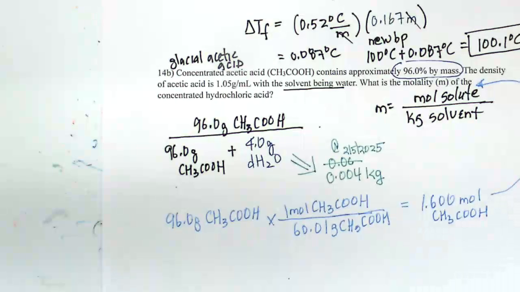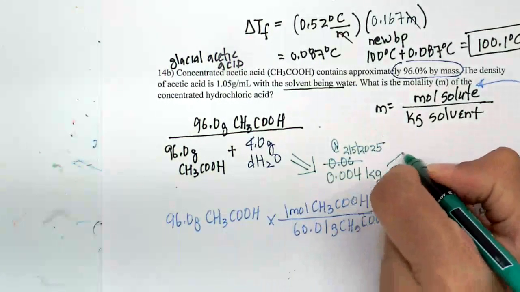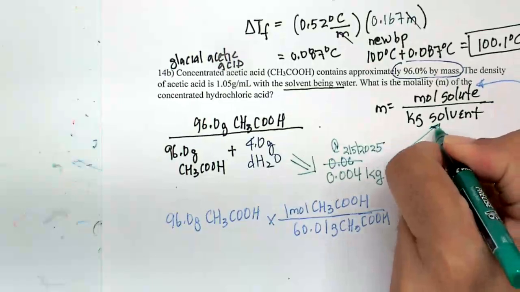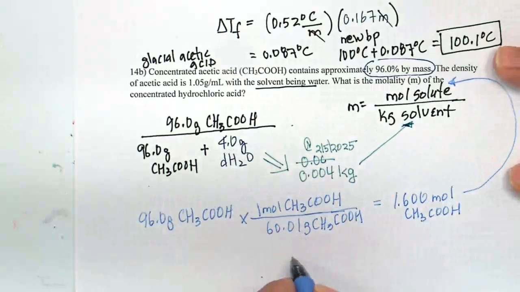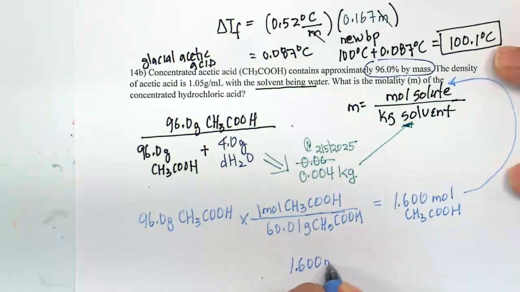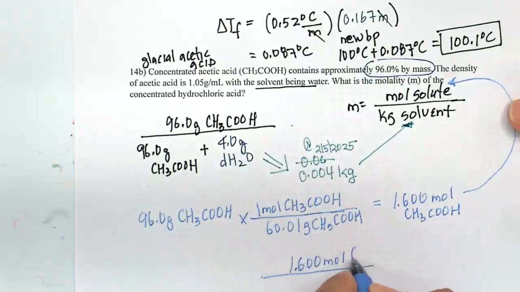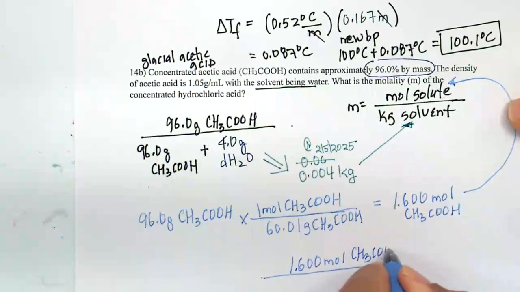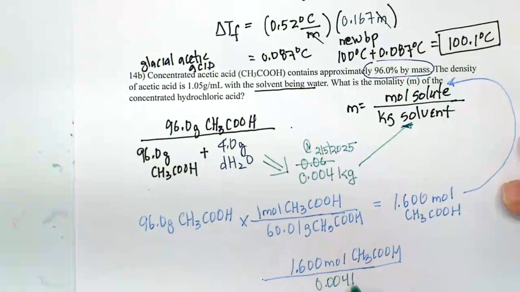This is our kilograms of solvent. And I think this is pretty straightforward. I think the answer will be take this 1.600 moles of acetic acid divided by 0.004 kilograms.